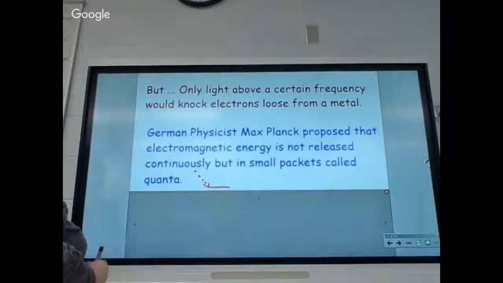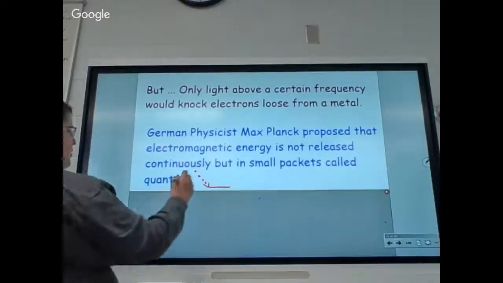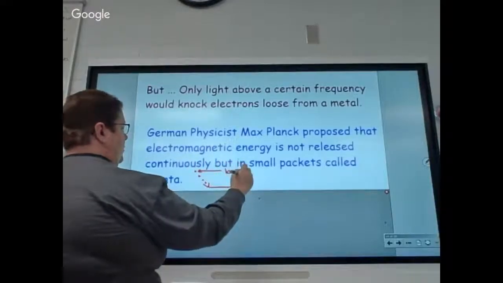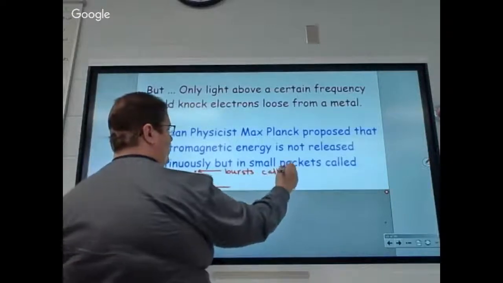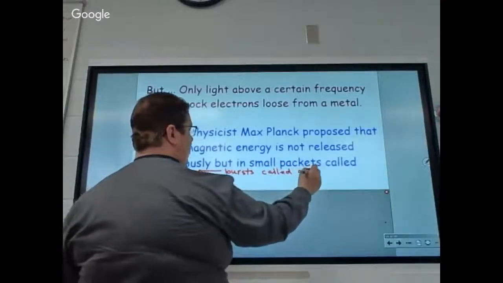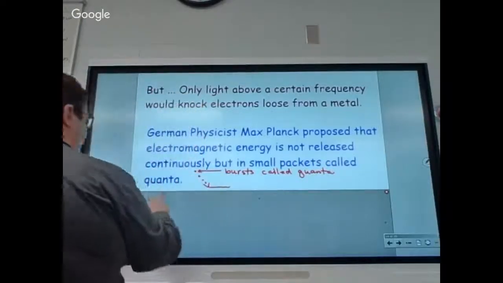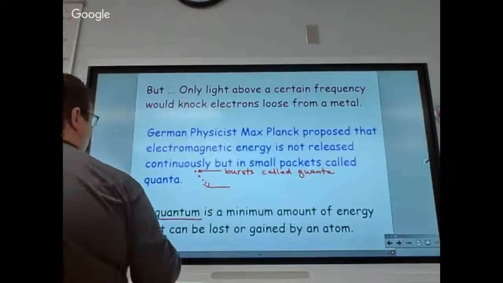Now, those bursts, he gave a name. What was it? That's right. Those bursts are called quanta, and quanta is just plural. That's singular.